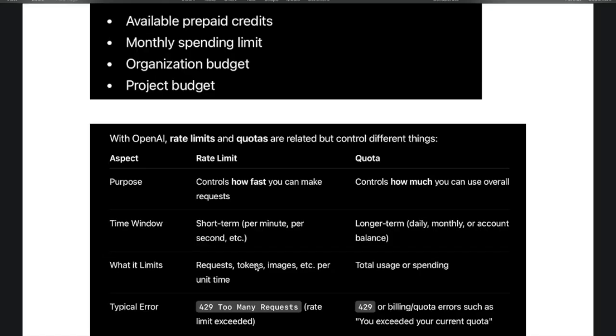And quota is for total usage or spending for your particular project or your particular organization. For rate limit, you'll get a 429 Too Many Requests, rate limit exceeded error. And for quota, you can also get a 429, or you can get a billing or quota error, such as you exceeded your current quota. Even this error you can get.